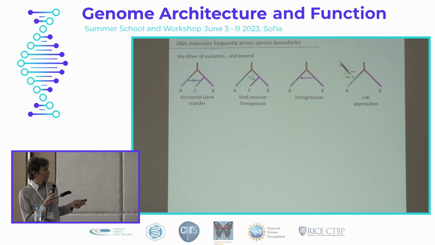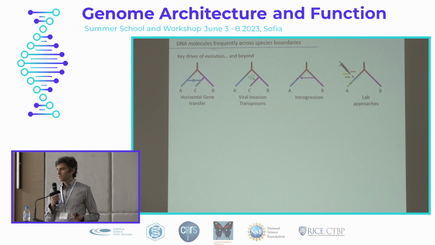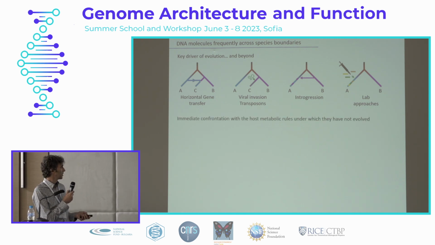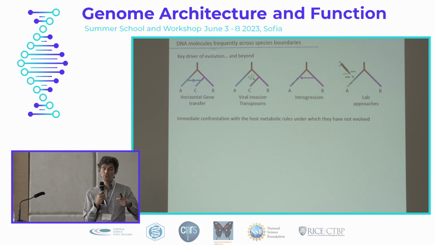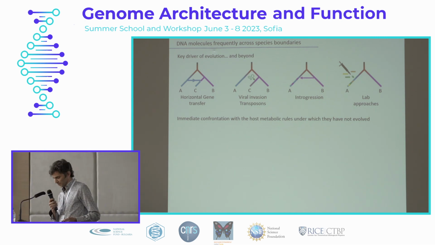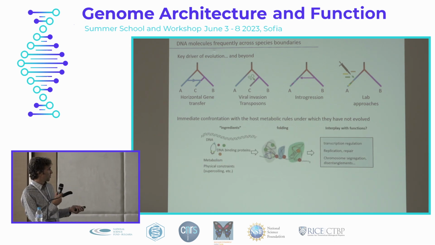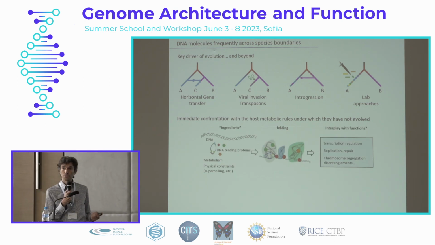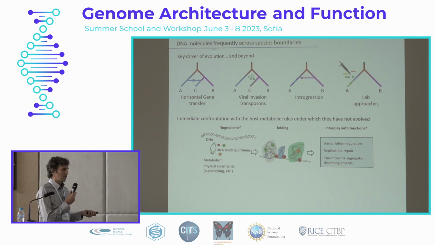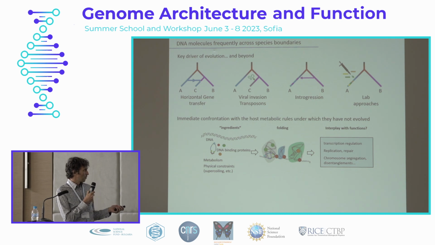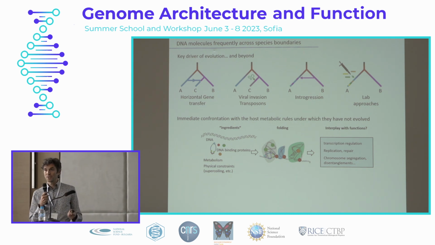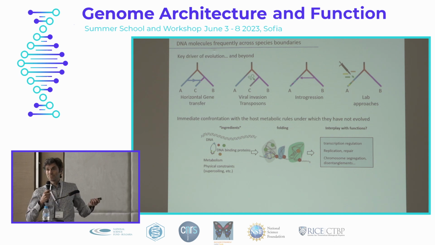The common feature between all these events is that you inject one piece of DNA into another species. And there is an immediate consequence: this DNA molecule is going to have to play by the host metabolic rules. These rules, as you all know, are composed mostly of ingredients: the DNA molecule, DNA binding proteins, physical parameters such as supercoiling, etc., that can combine to fold the DNA molecule into functional or not domains or loops or whatever.